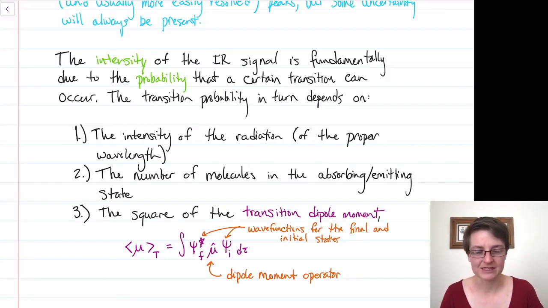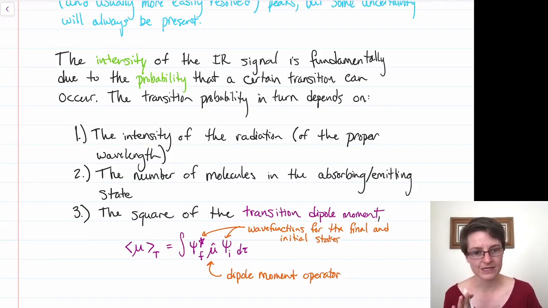And then last but not least, a really important factor for determining these transition probabilities is the square of the transition dipole moment. This is a new expression for us, and mathematically, the square of the transition dipole moment, mu angle brackets of t, is equal to the integral over all space of the complex conjugate of the wave function corresponding to the final state of the molecule times something called the dipole moment operator times the wave function of the molecule in its initial state.